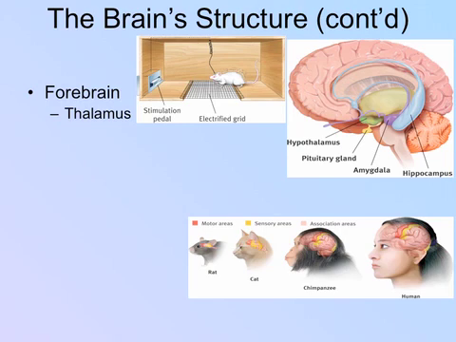It's going to transmit information from the hindbrain and midbrain, so from the medulla and the cerebellum, to the higher levels of the brain. It's helping us make sense of the information coming in from our senses. The only sense not routed through the thalamus would be our sense of smell, but more details in Unit 4 about that.